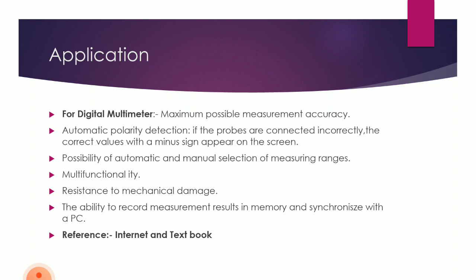And possibility of automatic and manual selection of measuring ranges, multifunctionality, resistance to mechanical damage, the ability to record a measurement result in memory with a PC. And these are some applications of multimeter, digital as well as analog.